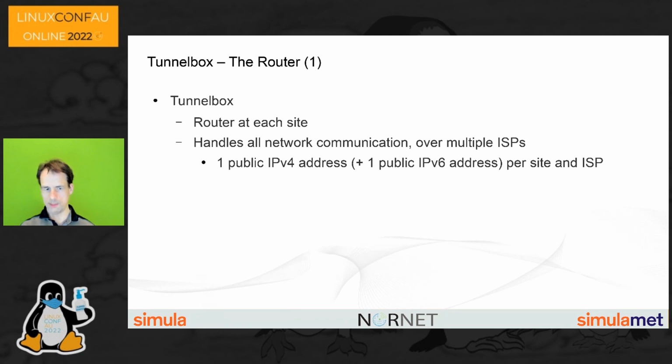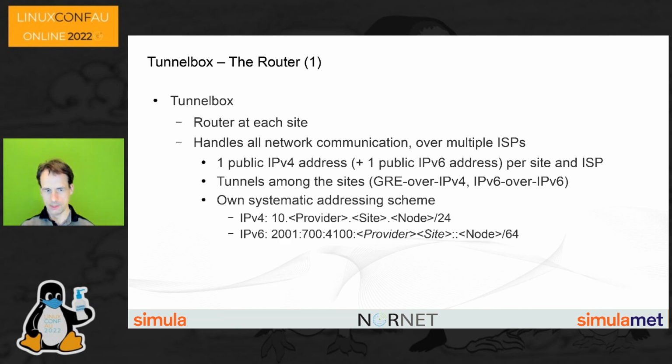So IPv4 addresses are a quite scarce resource. So what we had to do was think about establishing tunnels between the sites over GRE for IPv4 or IPv6 in IPv6, so that we can apply our own systematic addressing scheme with private IPv4 addresses.